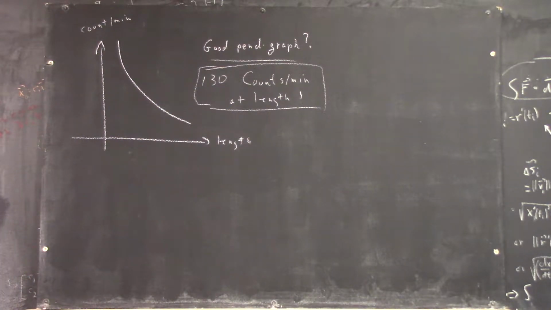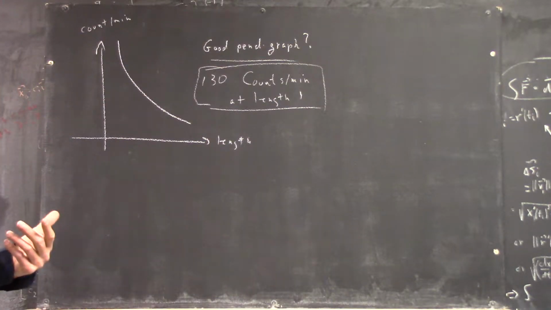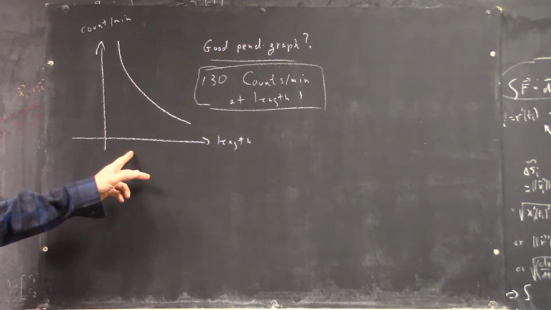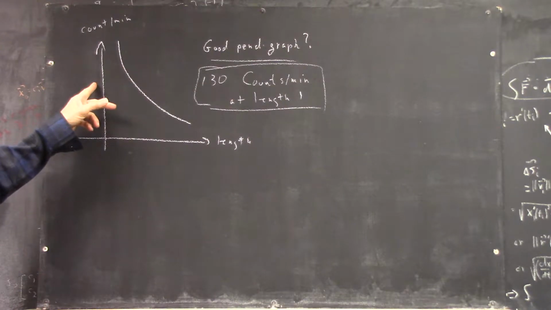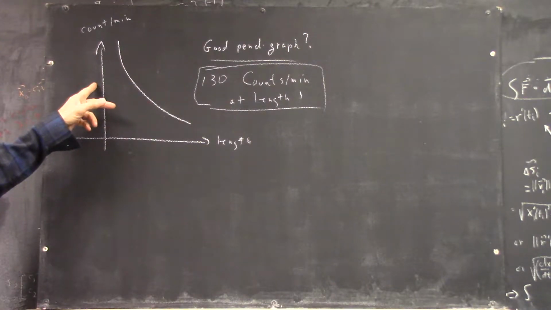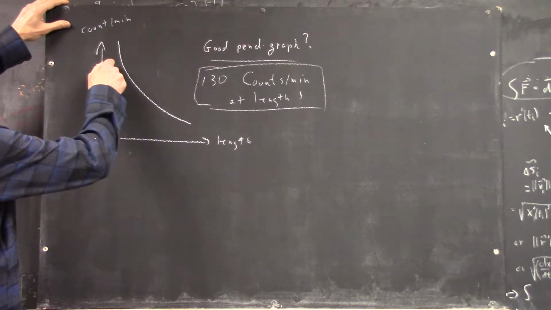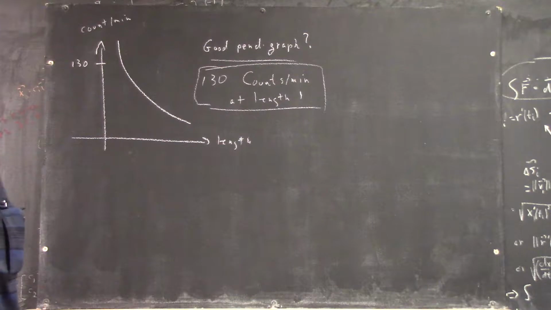So I'm restricted in what I can do. Now, I'm not restricted in what I can do when I locate the 1. If I want to put the 1 there, I can do it, right? And then the 130 has to go like there. Okay? Now I'm going to choose to put the 130 up here. So if I put 130 here, can you tell me where 1 should go?